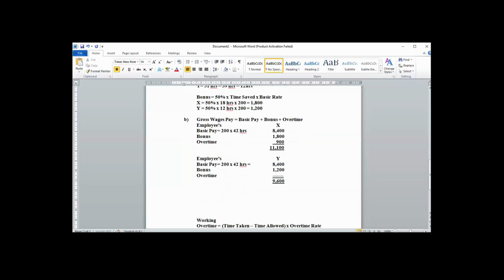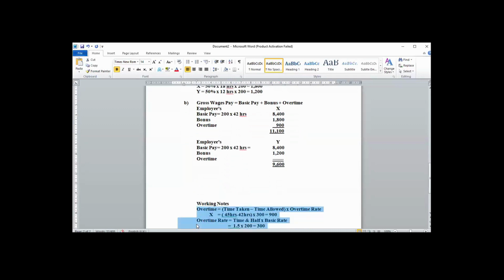What's the next question before we call it a day? The next question, question number C. It says we should calculate the wages cost per good unit made.